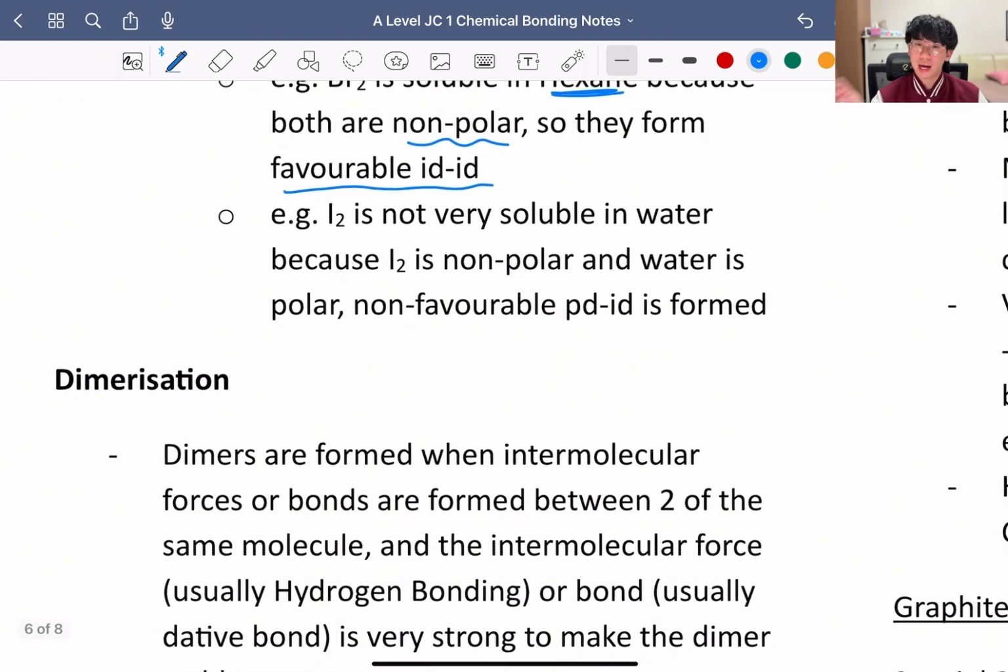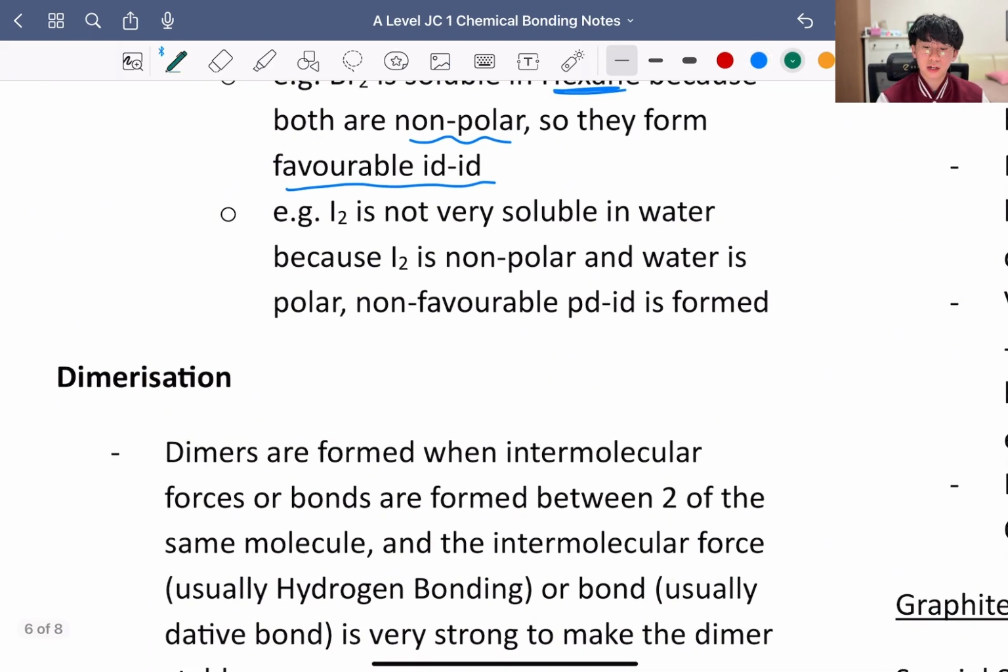And you look at the other way, is that I2 is not very soluble in water, right? Because I2 is non-polar, and water is very, very polar. And because of that, you form very non-favorable interactions. You actually form this thing called PDID, which is permanent dipole-induced dipole interactions. These are very weak, okay? Very, very weak. Weaker than IDID.